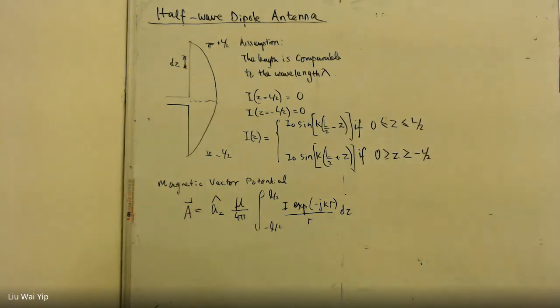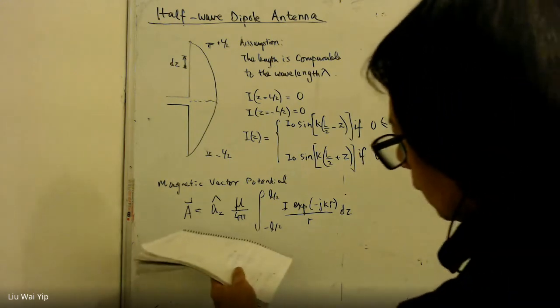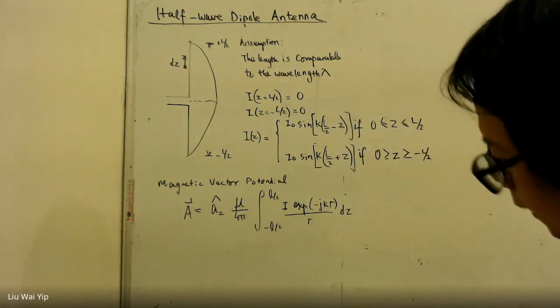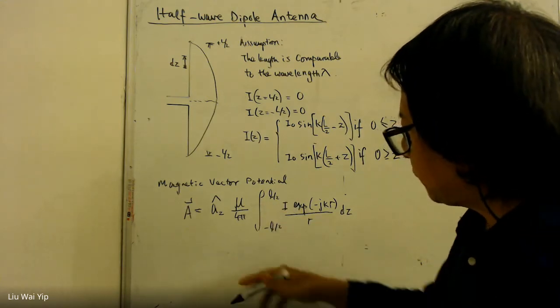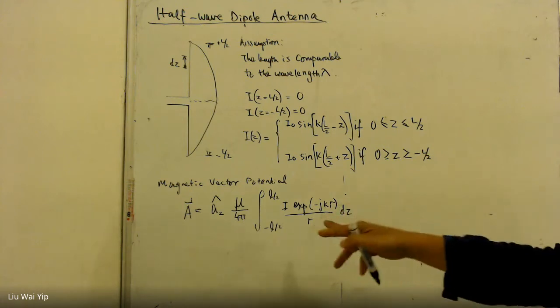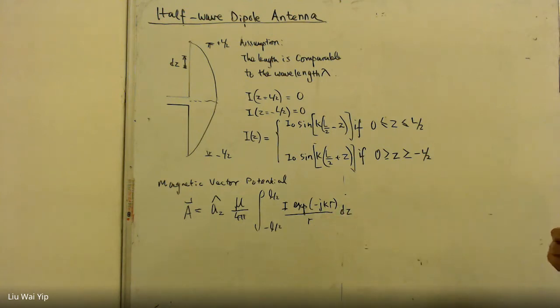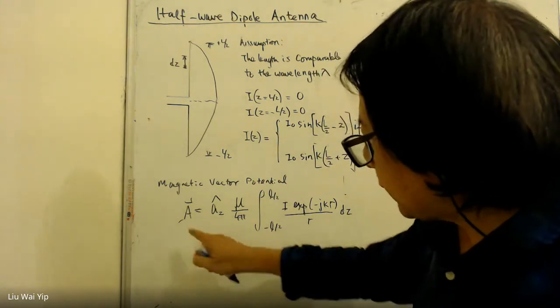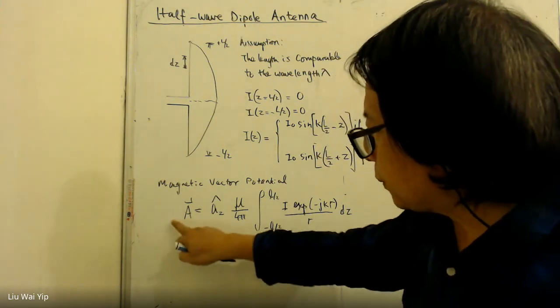So this is the way we can establish the magnetic vector potential. From here, we need to use the curl of A to find the magnetic field.